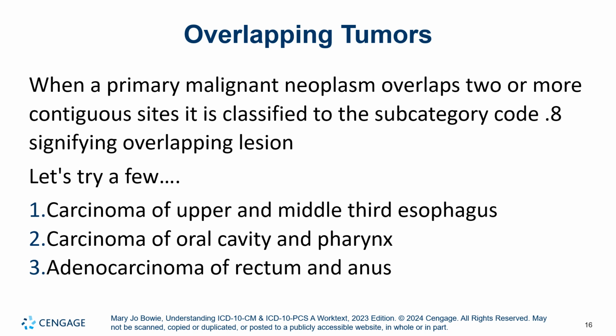You're going to see underneath esophagus, you're going to have several sites. It says abdominal, cervical, distal third, lower third, middle third, and then you see that part where it says overlapping lesion, and then proximal third, thoracic, upper third. Okay, so this one is saying carcinoma of upper and middle third esophagus. So we're going to go with C15.8.